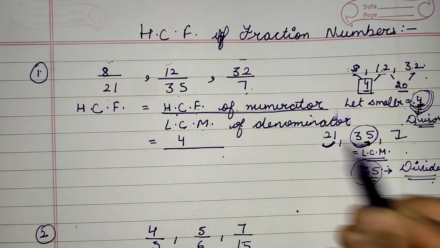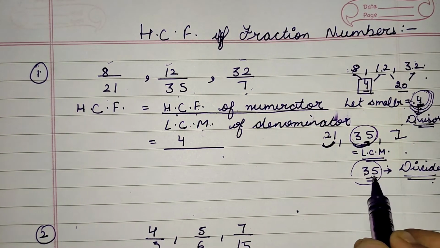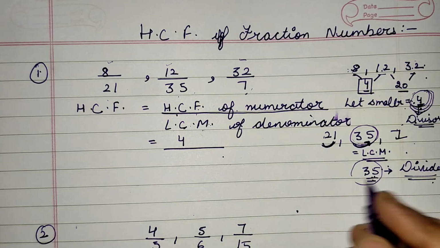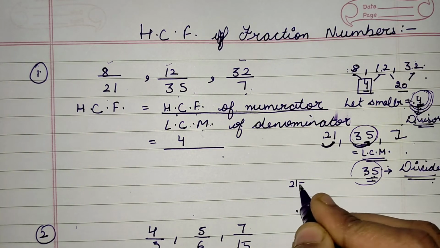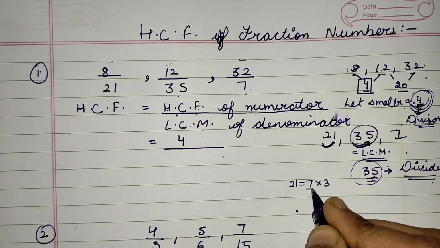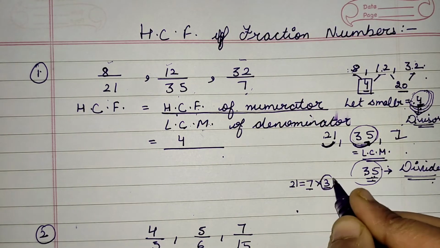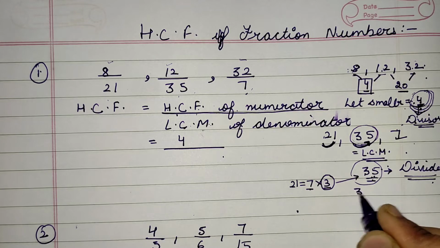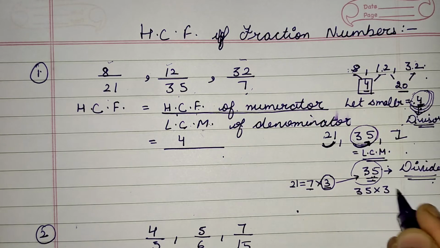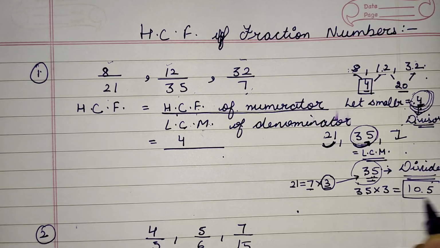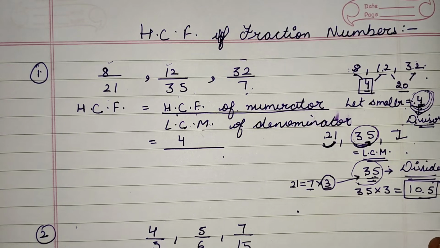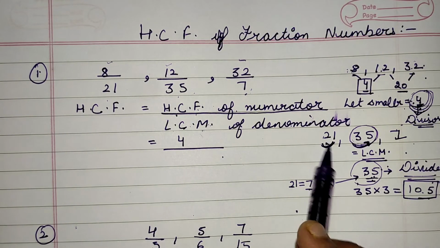Next number is 21. 35 is not divisible by 21. So what I will do is make the factors of 21, 7 into 3, and multiply each factor with my imagined LCM, and then check whether the resulting number is divisible by 21.